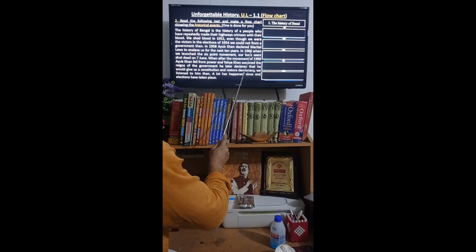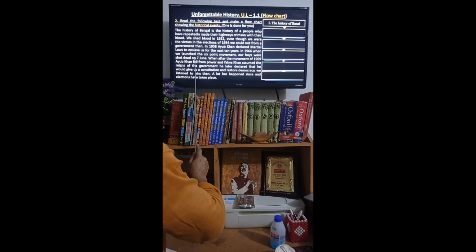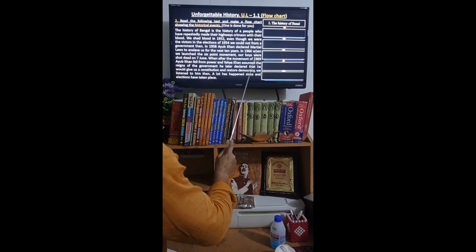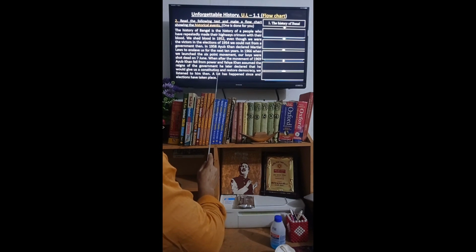In 1969, when we launched the 6-point movement, our boys were shot to death on 7 June. After the movement of 1969, Ayub Khan fell from power and Yahya Khan assumed the reins of the government.